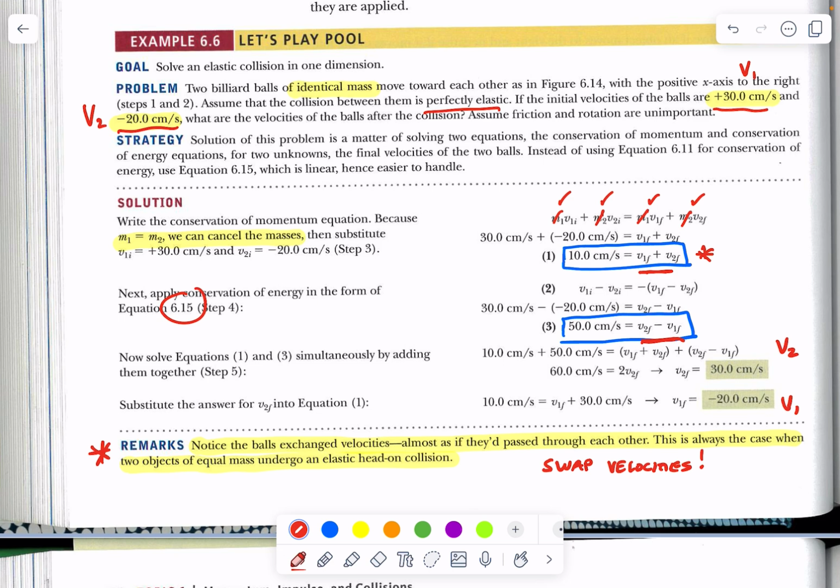Solve the 2 equations simultaneously, and we find out that ball number 2 that originally had 20 centimeters per second speed going to the left now has 30 centimeters per second going to the right. And ball number 1 that originally had 30 centimeters per second going to the right now is moving towards the left, the negative direction, at 20 centimeters per second. In other words, they swap velocities. They exchange velocities.